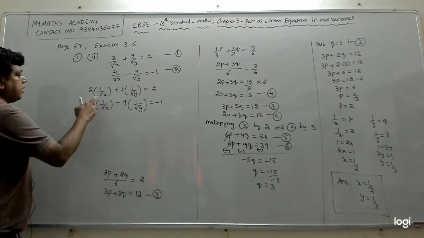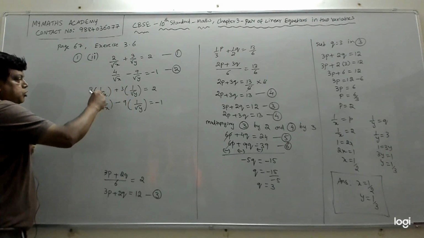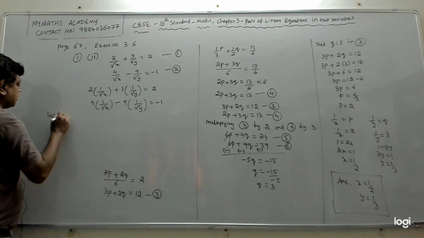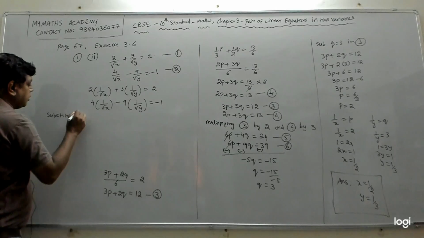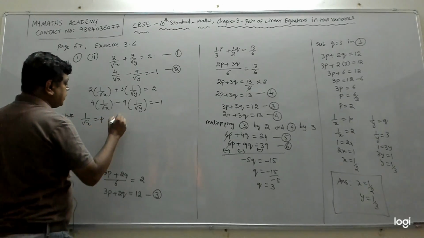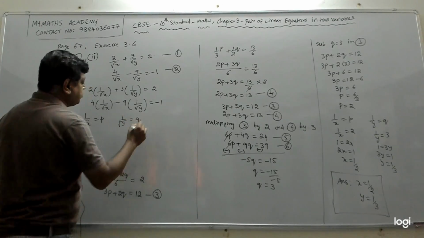Now we see that this is also 1 by root x, here also 1 by root y. So we can make a substitution: 1 by root x equal to some p, and 1 by root y as some q.